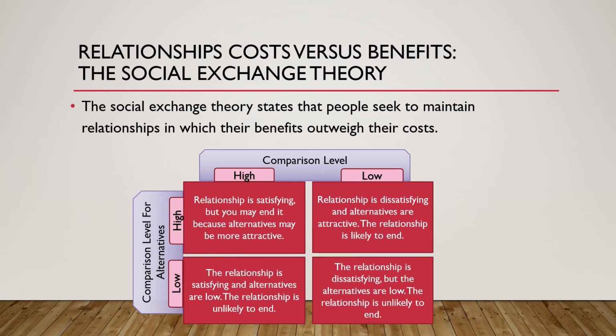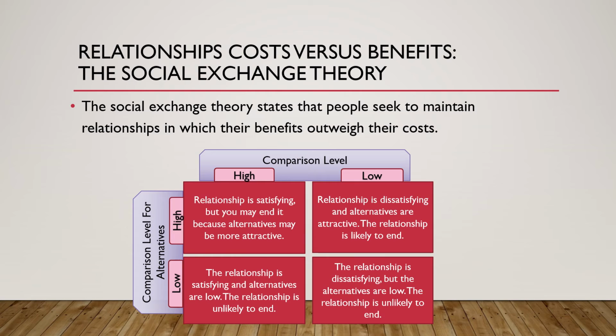And so, your comparison level for alternatives may be high when you're young. Maybe you have a lot of suitors, or you have your life ahead of you and you have a lot of opportunity to meet new people. Whereas if you find yourself in a bad relationship when you're 75 years old, the options may not be as high. Your comparison level for alternatives may not be as high. And so in that case, you might stay in a relationship that you're unsatisfied with.